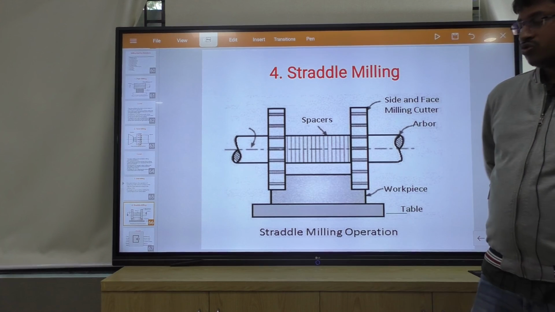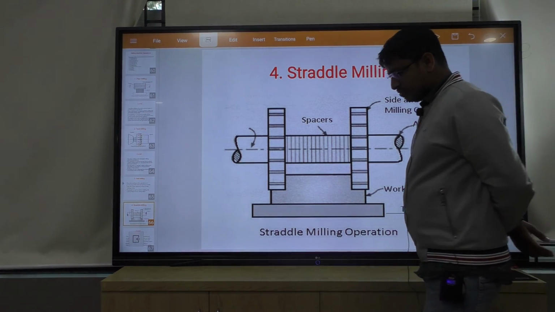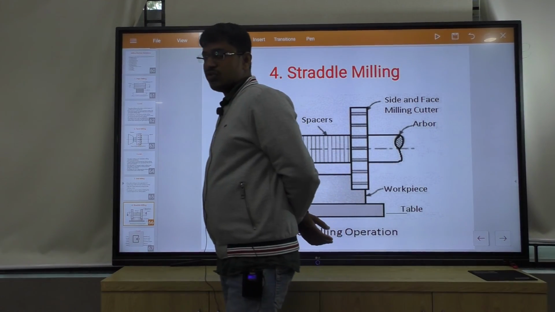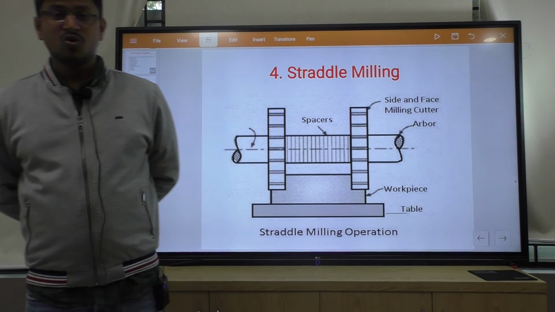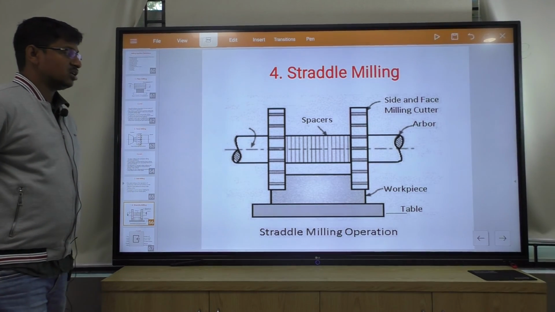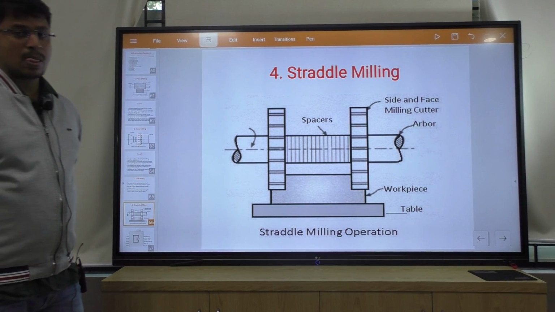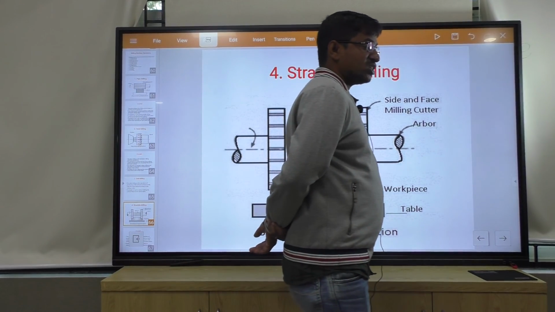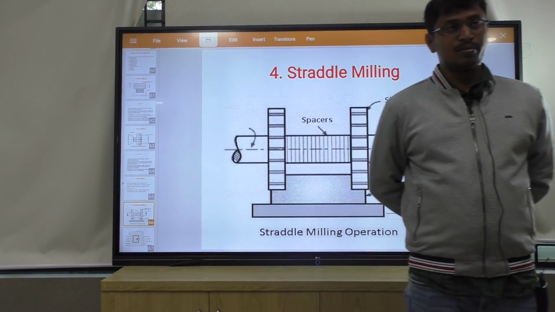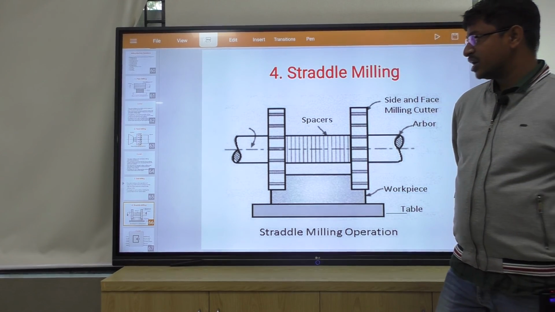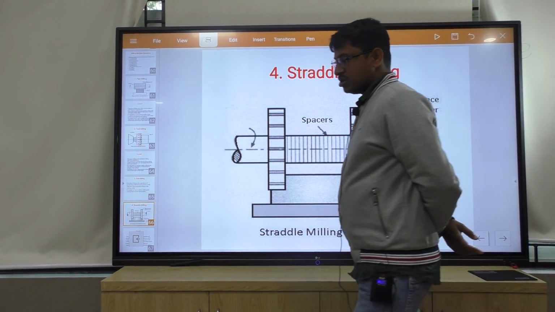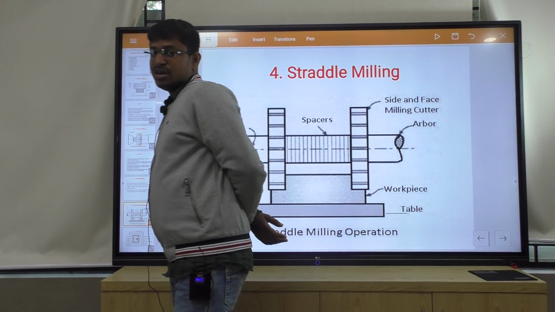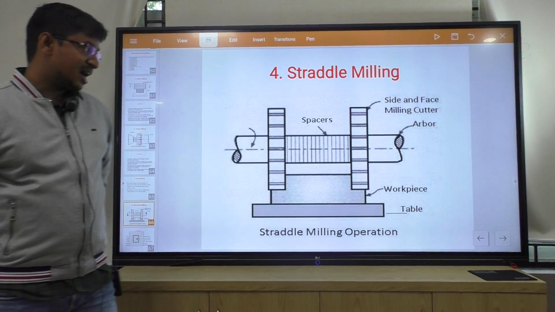If we produce vertical surfaces on both sides of the workpiece simultaneously by side milling cutters, that is called straddle milling.